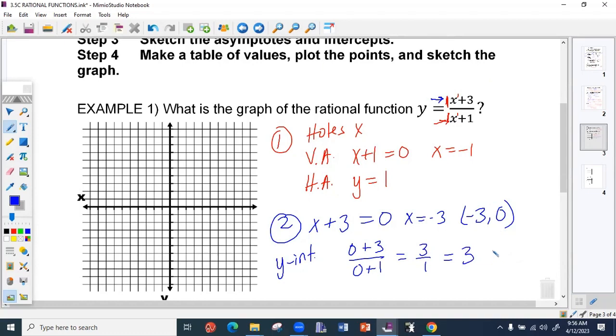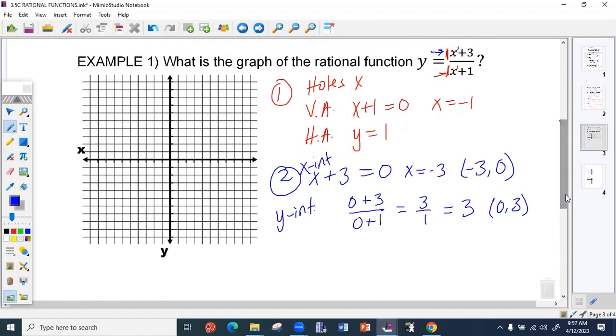Because it's a y-intercept, it's going to be 0, comma 3. Was it terrible finding x and y intercepts? All right. Questions over 1 and 2 so far? None? All right.